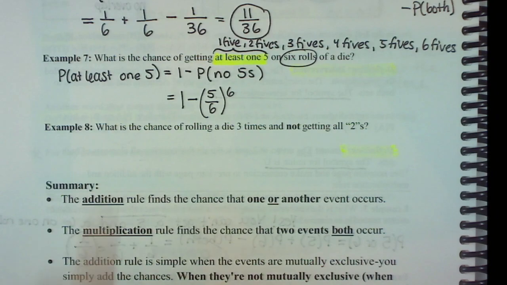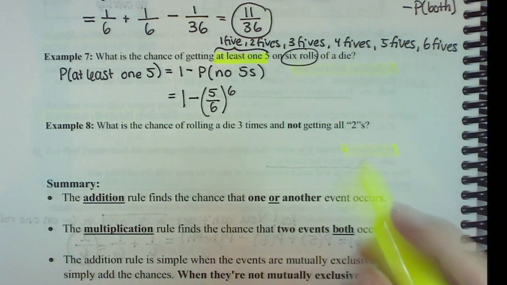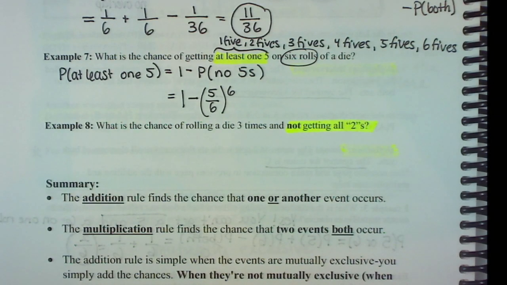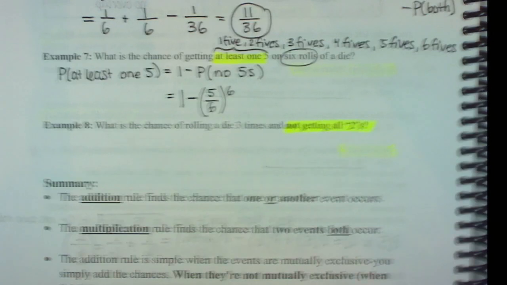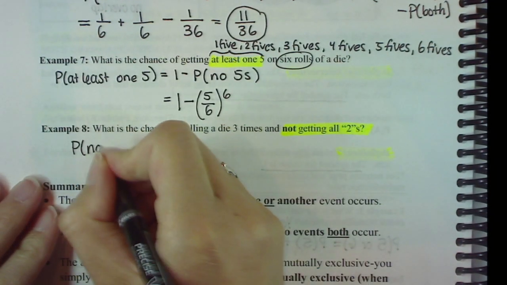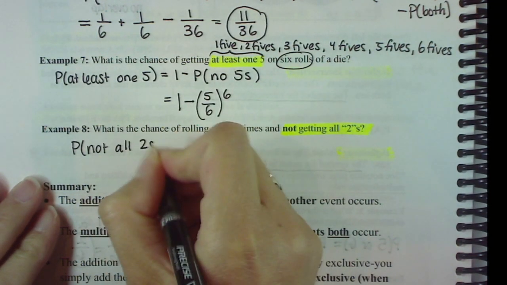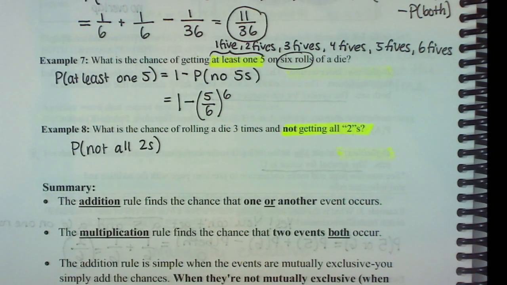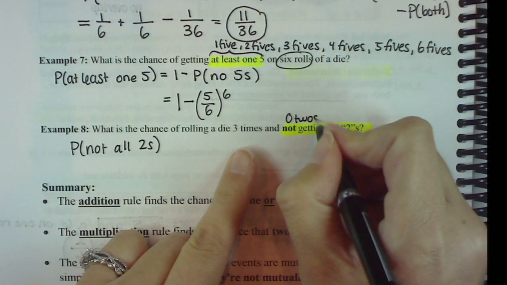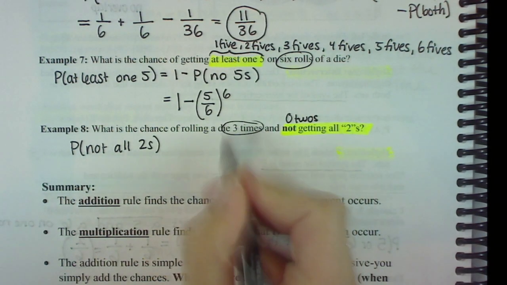So if I was reading this problem, what's the chance of rolling a die 3 times and not getting all 2s? I see the not all, so I know my answer is going to have a 1 minus in it. The probability of not getting all 2s, just even thinking about what this means is complicated. That means we could get 0 2s, right? 0 out of, we're rolling 3 times.